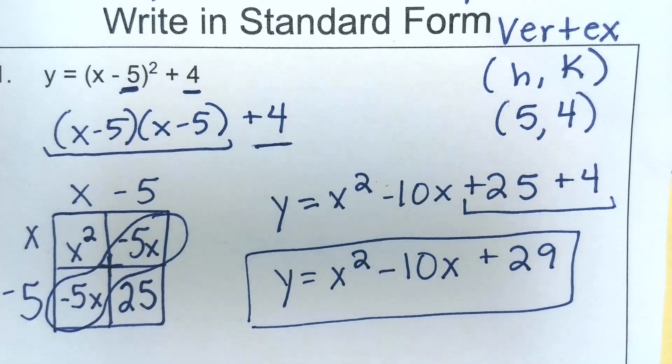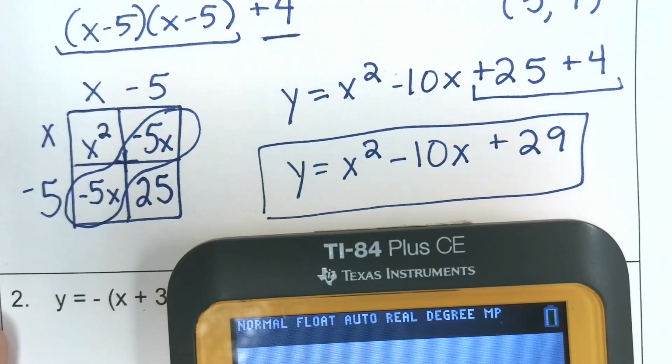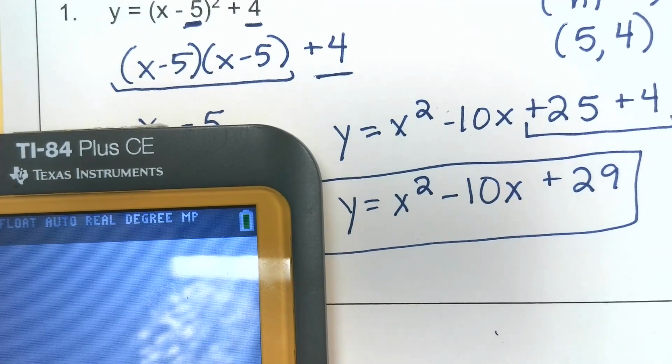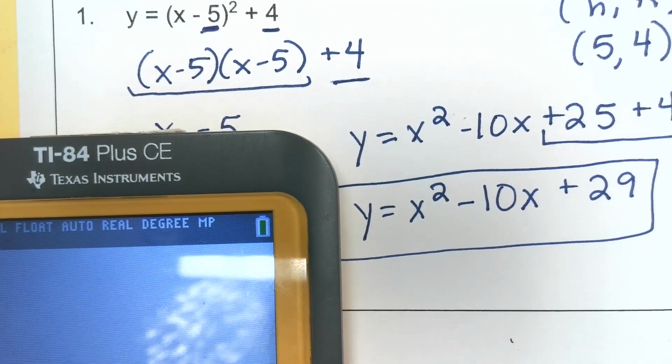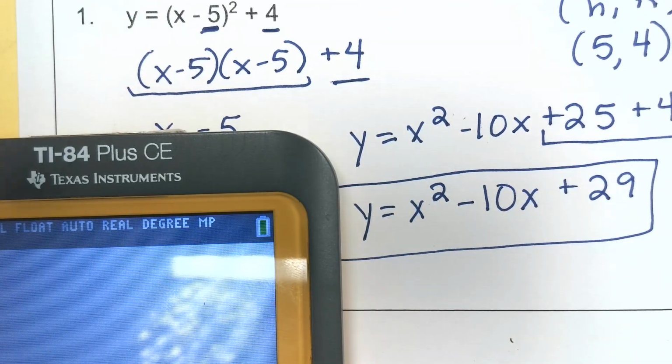So I want to show y'all in the calculator. So if you don't have a calculator, you can go grab it. All right, I want us to look at what the quadratic is and if these are the same.